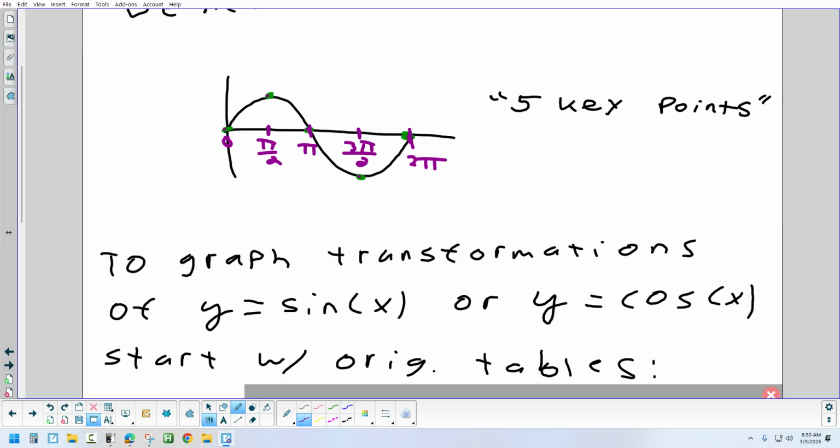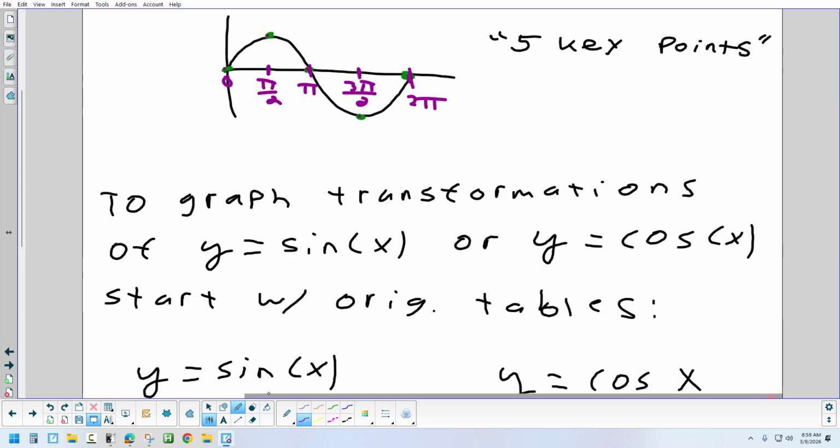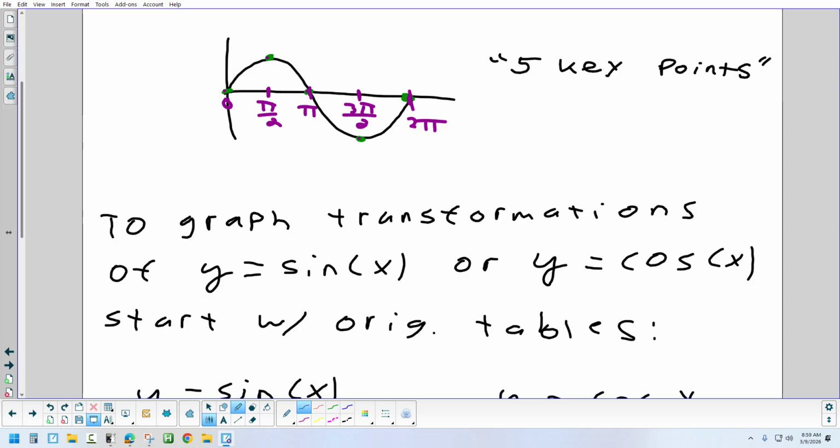If we don't have these tables right, then every graph that we do based on these tables will be wrong. So it's very important we have these tables correct. There's one table for sine, and a different one for cosine, because cosine starts at a slightly different spot. What would be the coordinate of that first point that I just circled? 0, 0.